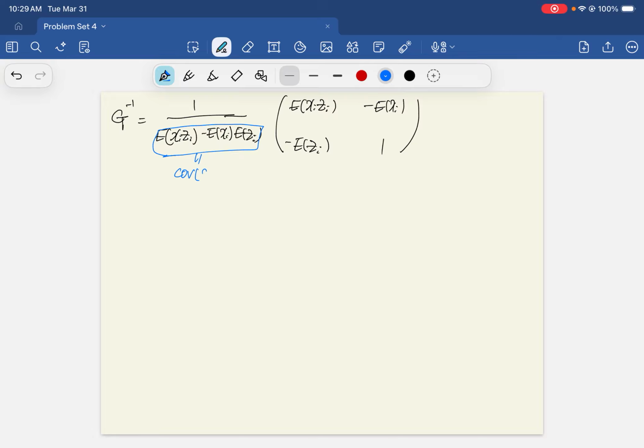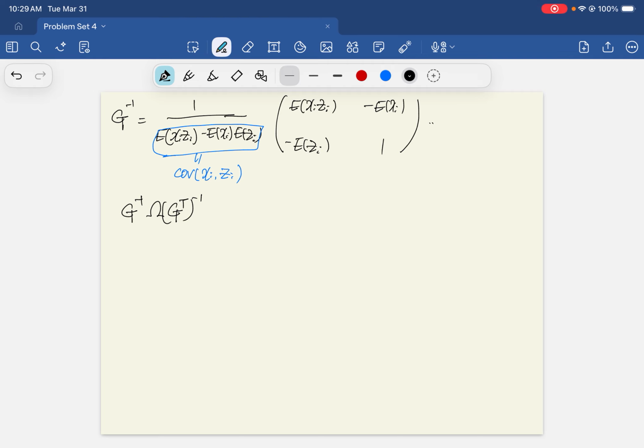It is literally the definition of covariance between x and z. So I will just write it as covariance. Okay, so we are going to calculate G inverse Omega G transpose inverse. By the way, the transpose inverse is its transpose. That should be simple. Let's do that.